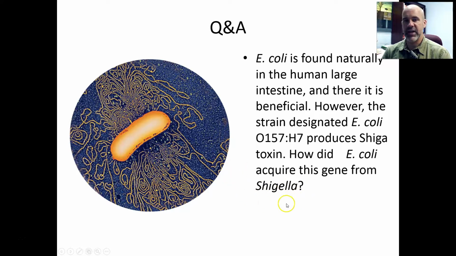Shigella is a genus name for some gram-negative bacteria that are very similar to E. coli, but Shigella bacteria make this nasty toxin that's capable of making people very sick. And at some point, a regular old, happy, friendly E. coli cell picked up the gene coding for the Shiga toxin from a Shigella cell in its environment through horizontal gene transfer.